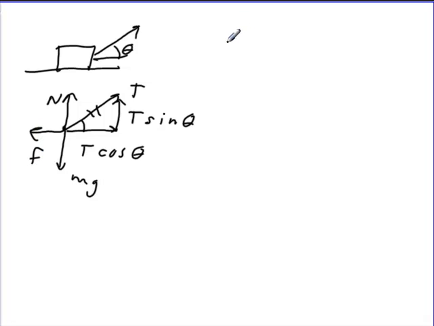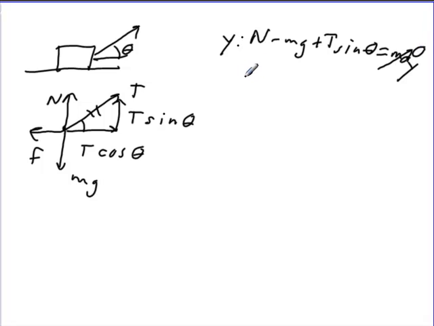But now when I look in the y direction, things are a little more complicated. I still have a normal force pulling up, I still have mg pulling down, but I now also have t sine theta pulling up. That all is equal to m-a-y, but again a-y is 0.